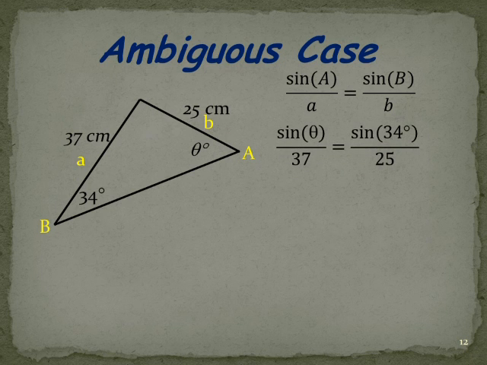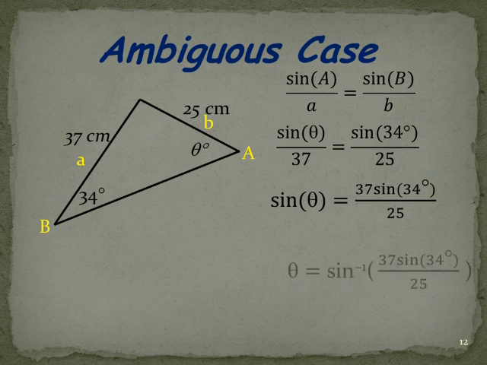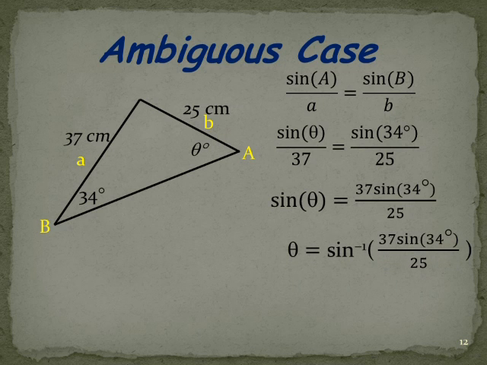Substitute in: sine theta over 37 is equal to sine 34 over 25. So sine theta is 37 sine 34 degrees divided by 25. So theta is going to be sine to the minus 1 of 37 sine 34 degrees divided by 25, which is, to the nearest minute, 55 degrees, 51 minutes.